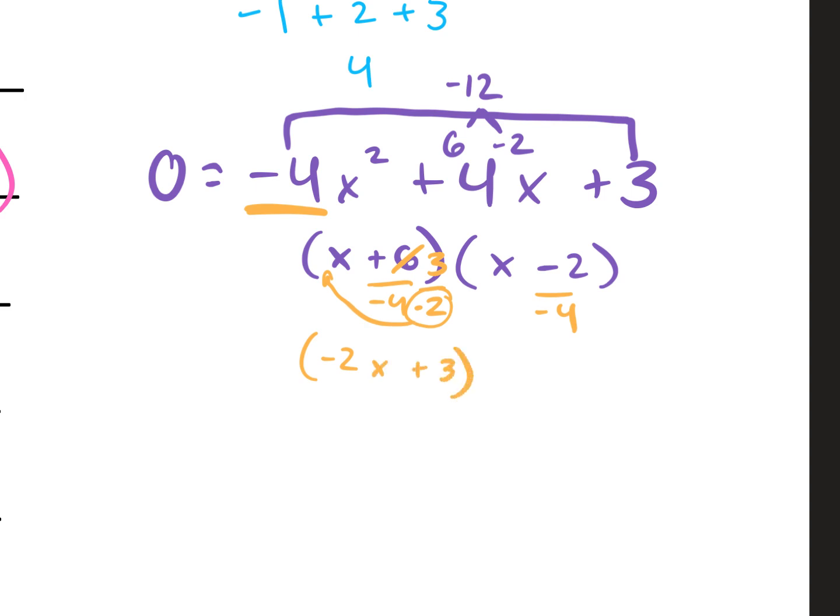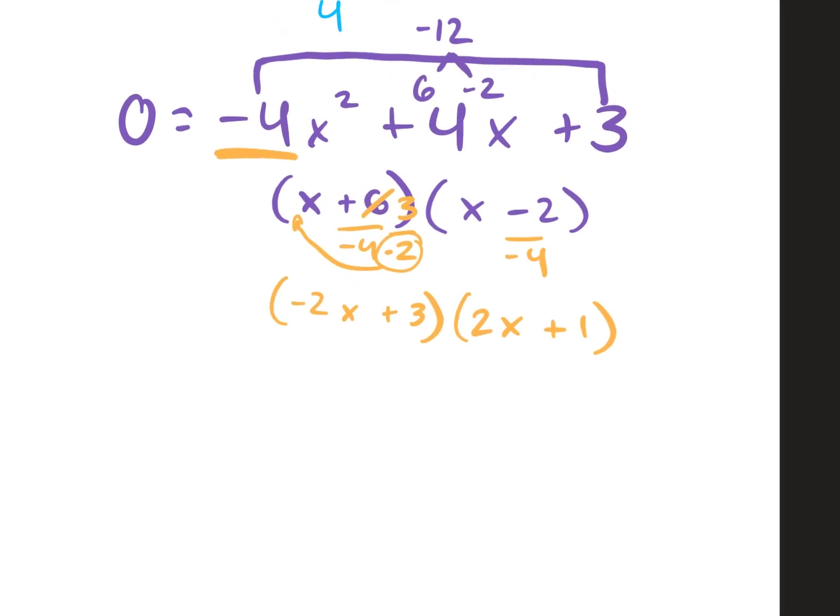And then when I simplify this one, it's going to be x plus 1/2, which I would move the 2 in front. So 2x plus 1. You can always FOIL it out to check to make sure you did it right. If you messed up the signs, when you set them both equal to 0, it'll work itself out to where the signs end up being the right way.